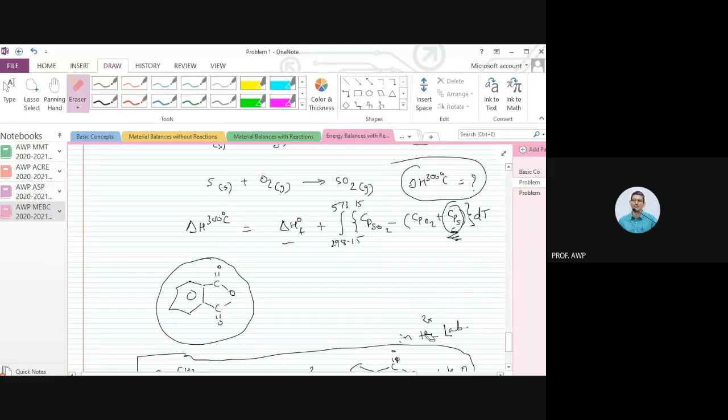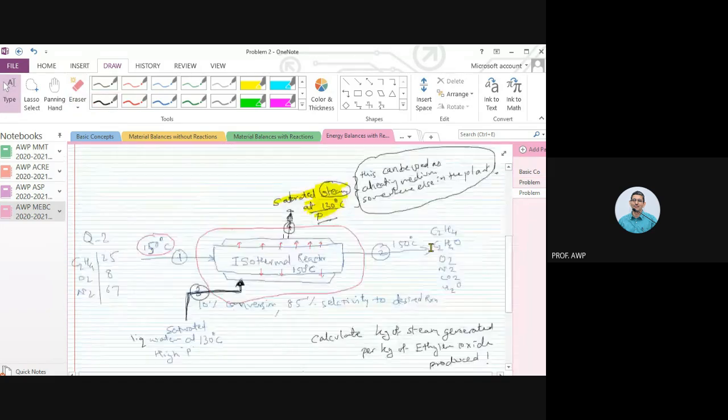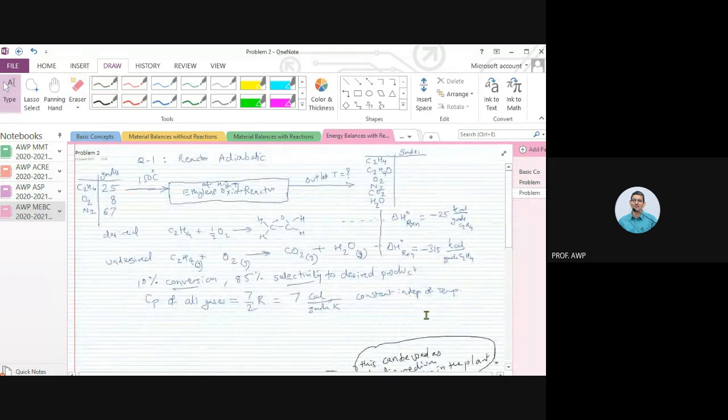That's why I have given you this next problem. Here I am not giving you heats of formation. I may not know the heat of formation of ethylene oxide. Right? That's why I'm straight away giving you heat of reaction. That's why we are doing this problem, although it is very similar, because this heat of reaction at 25 degrees centigrade can be measured experimentally.